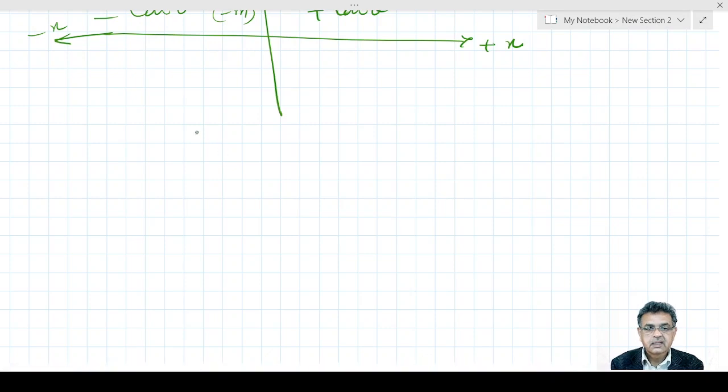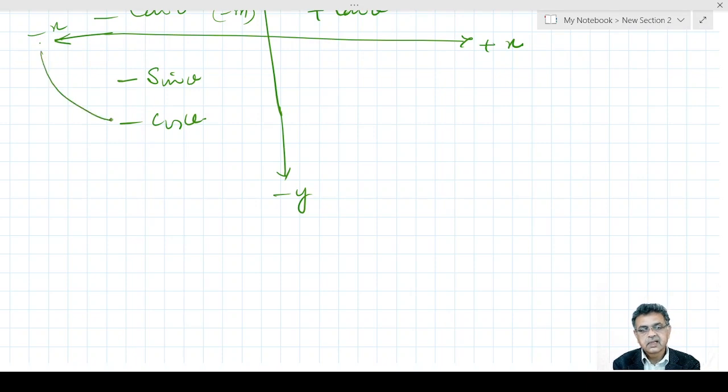And here sin theta is negative, and the reason is that y is negative here. Cos theta is negative for the reason that x is negative. X is negative, so cos is negative. Tangent theta is positive for the reason that gradient is positive this way.